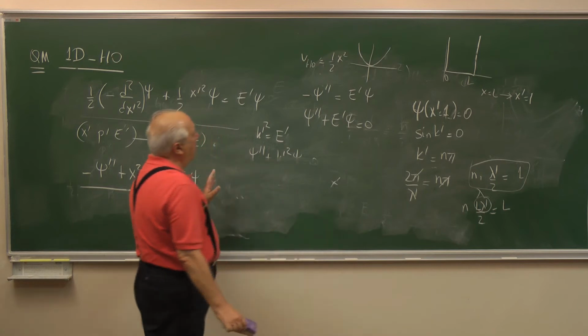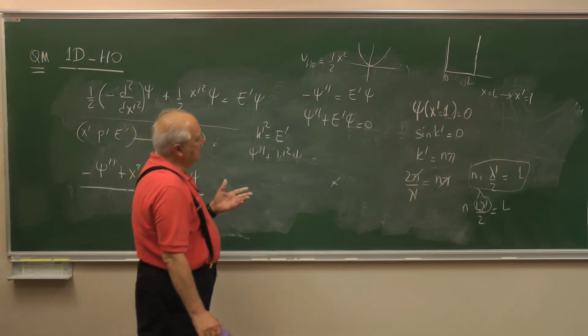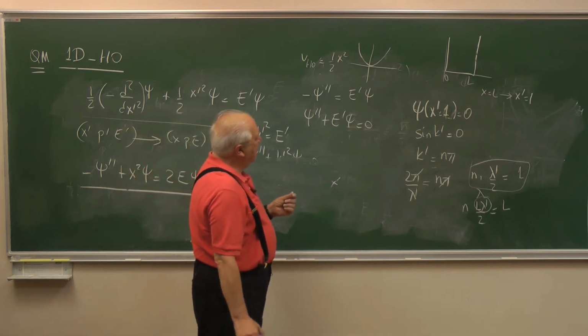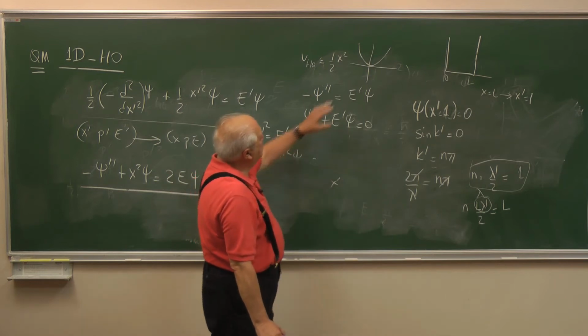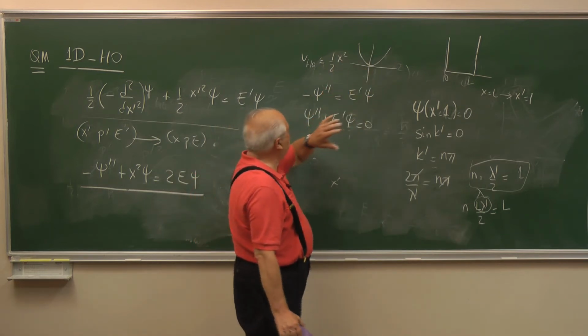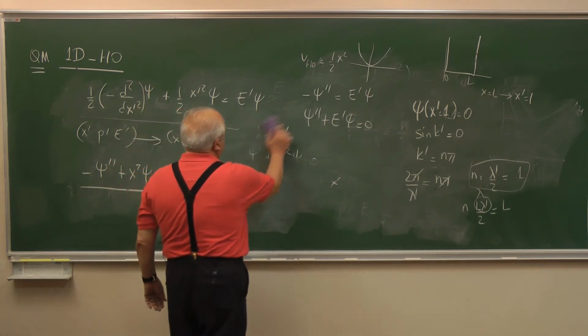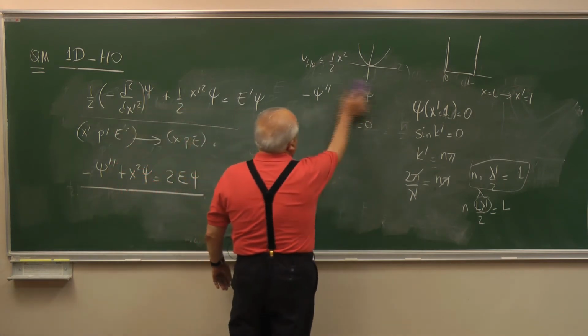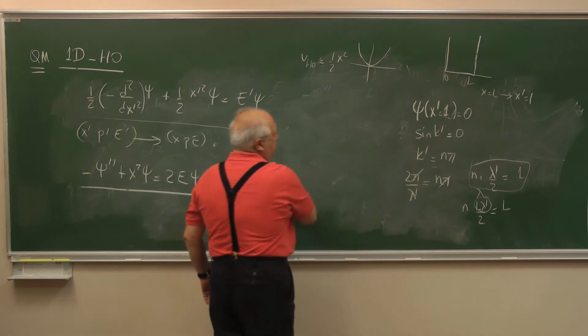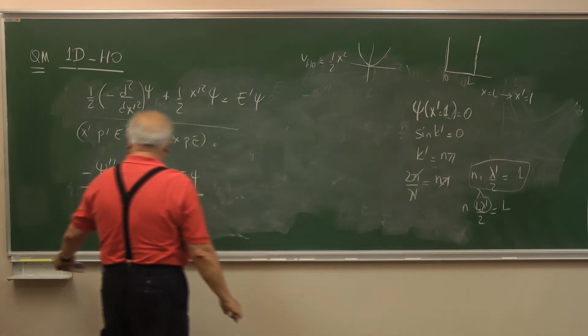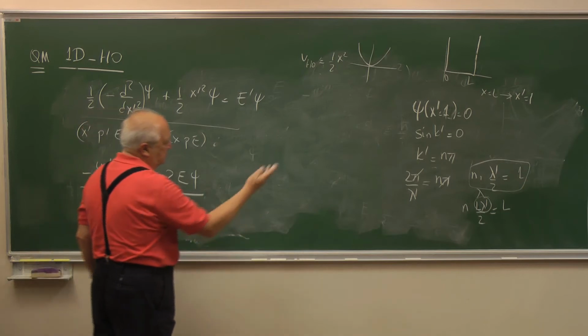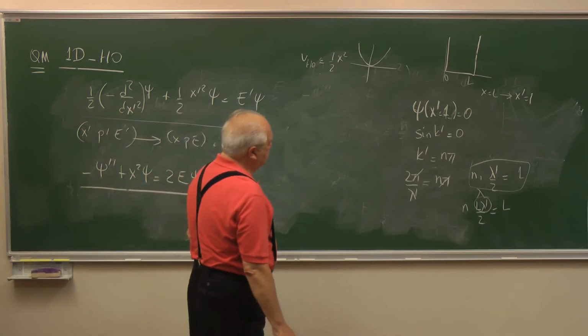Again, to repeat, we are trying to have some feeling about the solutions to the harmonic oscillator without getting into the mathematics of solving the Schrodinger equation for the harmonic oscillator. And we are just looking at the solutions of the infinite square well, which are very simple functions.